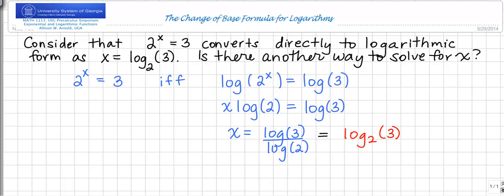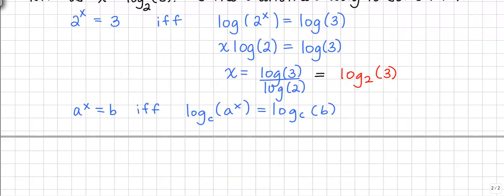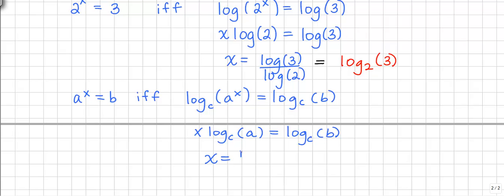So for example, if I were to do this in general, and I could use log of any base, and use the one-to-one property, and using the same technique to solve for x by pulling x down with the rule of logarithms, we end up with the solution for x in terms of some logarithm base c.